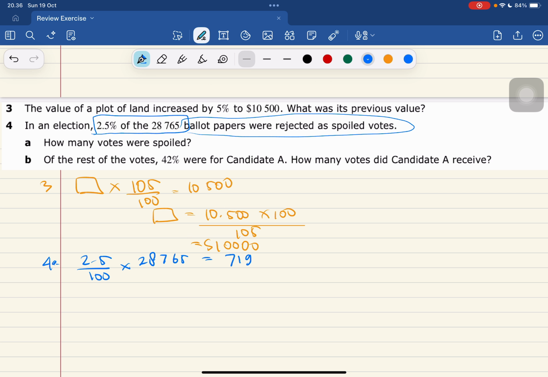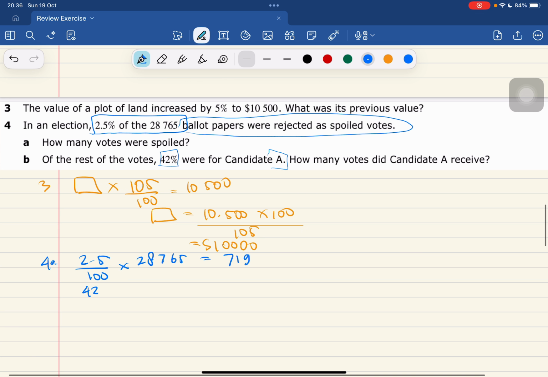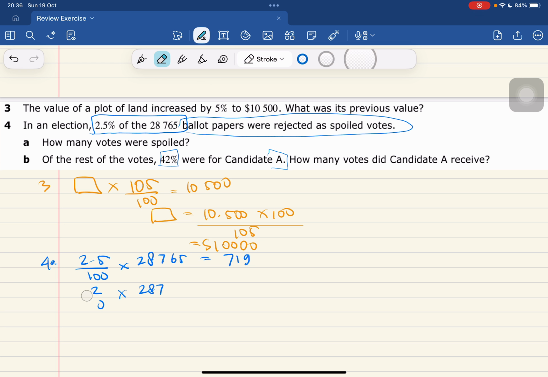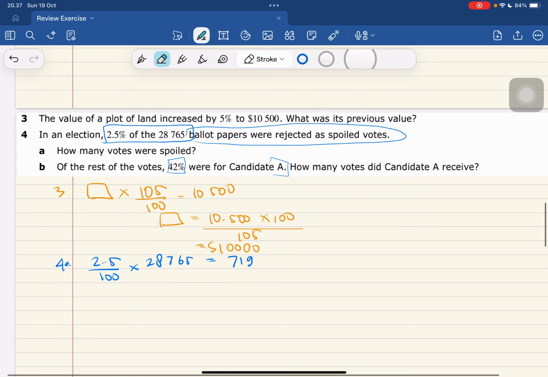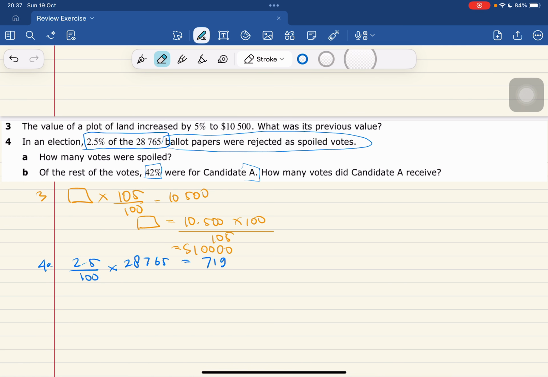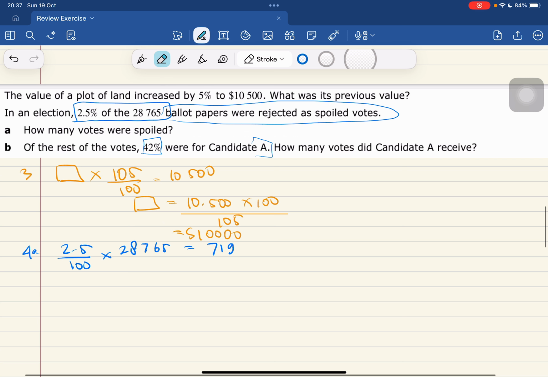Of the rest of the votes, 42% were for candidate A. How many votes did... Okay, of the rest of the votes, 42%. So we can make it 42 percent times 28... Moment, before we did, of the rest of the votes, so we need to count how many papers were not spoiled.